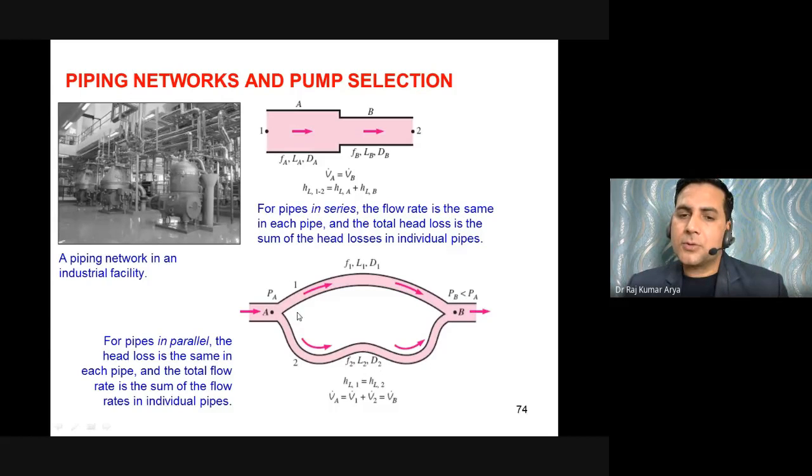Fine. So you will say in parallel connections, your head losses would be the same in all pipelines which are connected at two common points. Fine.